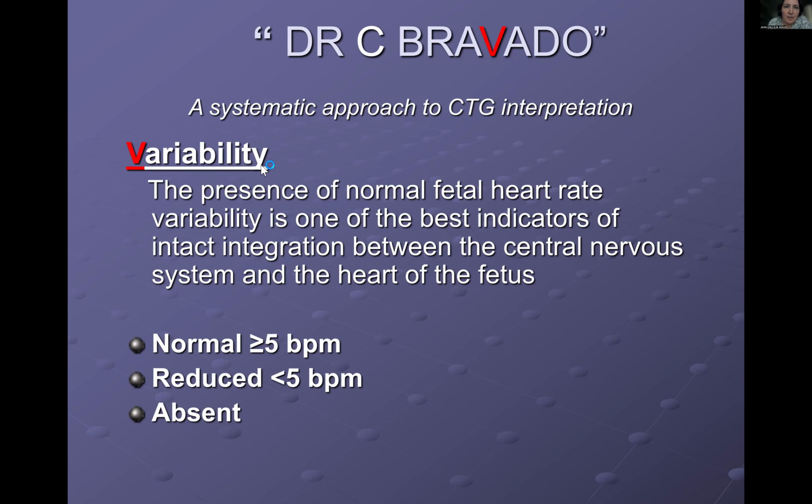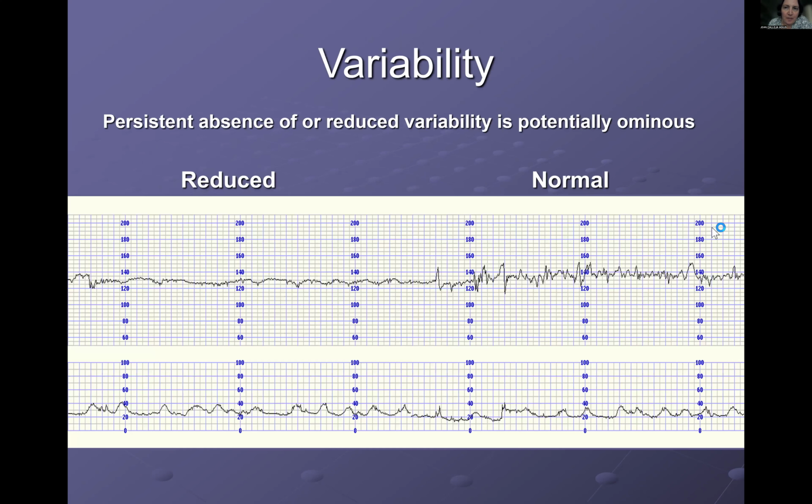So for example, here is a trace where here is the normal variability. You can see over here, apart from the accelerations, for example in this part here, the wiggliness, that is the normal variability.